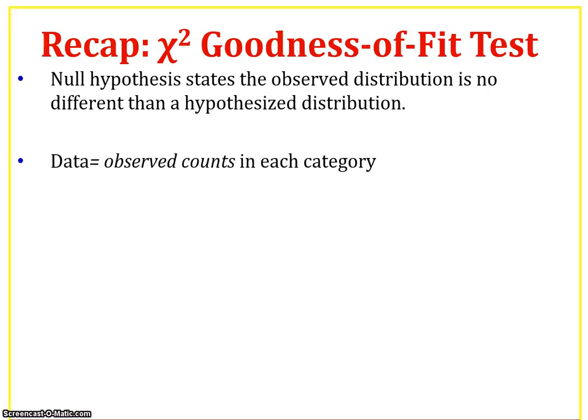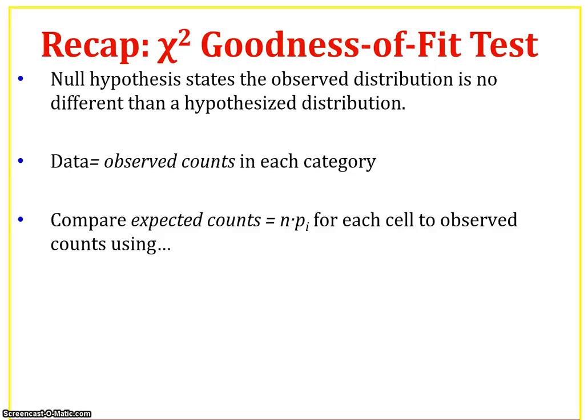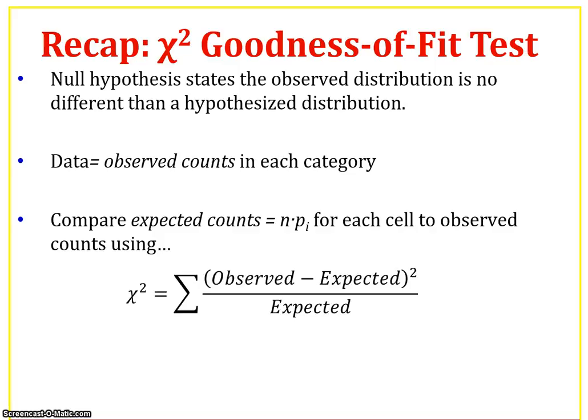We looked at our observed counts in each category, and we compared the expected counts to the observed counts using a chi-square test statistic, where for each count we took the observed count minus the expected count, squared, and then divided by the expected. For each of those categories, we added those values up to get our chi-square test statistic, and then we used a chi-square distribution to find the p-value.